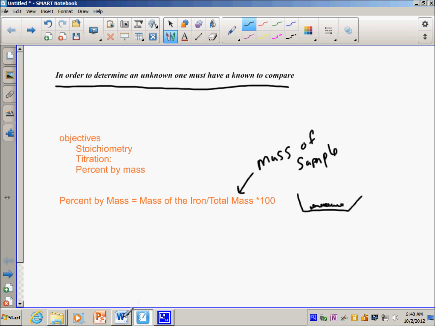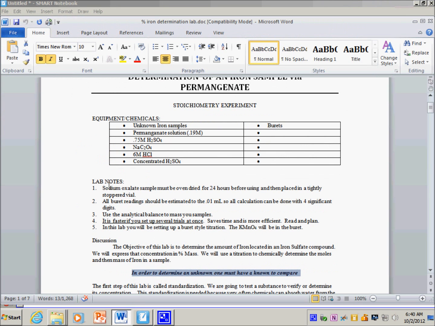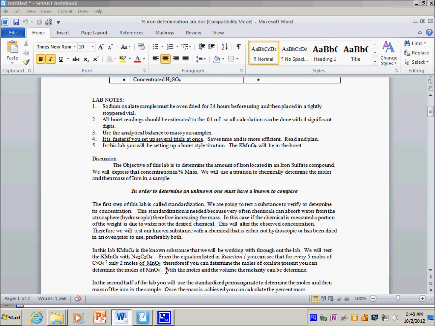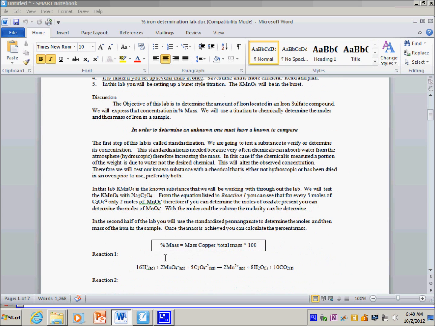You'll see some lab notes that you'll want to read through, and a little quote I was discussing, and then it talks about the percent mass. Make sure you read all this. It says the first step of our lab is called a standardization.